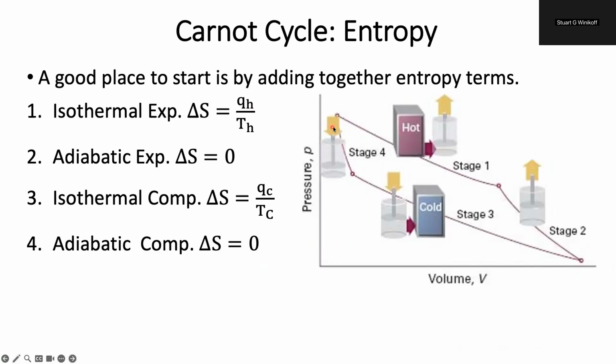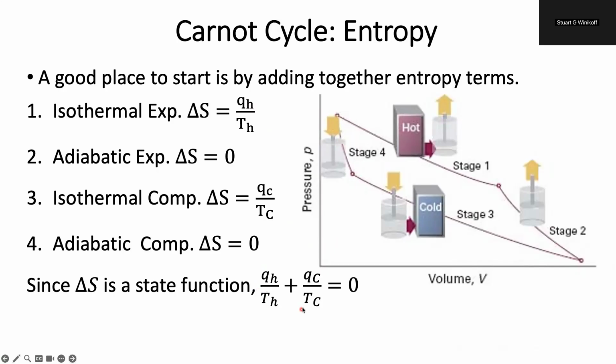And so since entropy is a state function, it means the total change in entropy for the system, not for the surroundings, should be zero. So I can just simply add together the isothermal expansion with the isothermal compression. And so that means that these two terms should be equal and opposite.